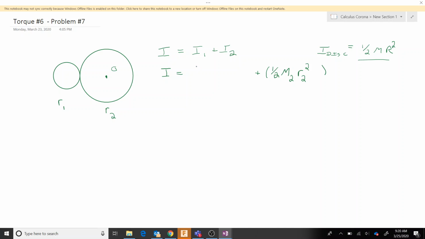The parallel axis theorem says to take the moment of inertia of disk 1 around its center of mass and add another term.